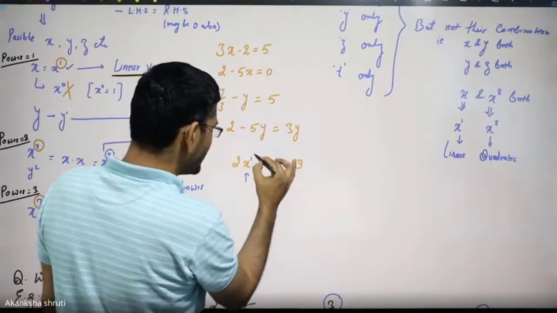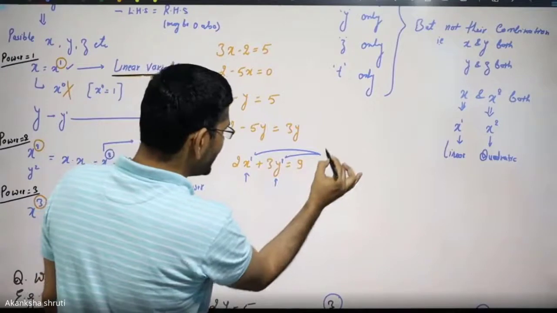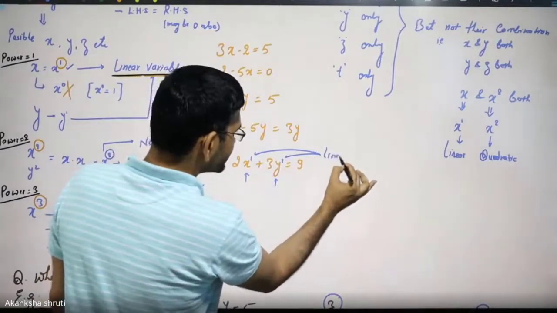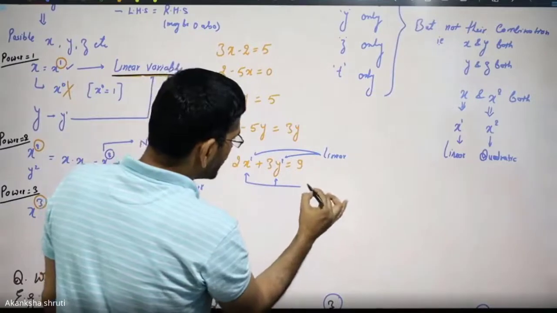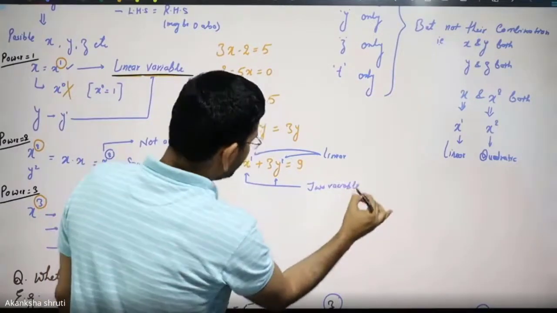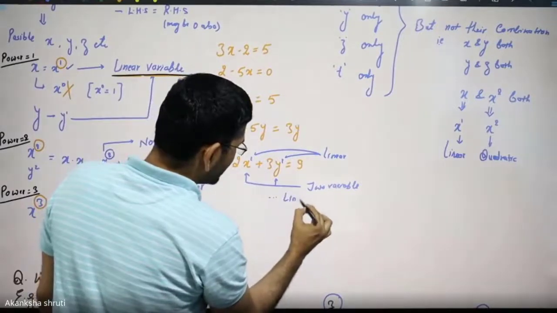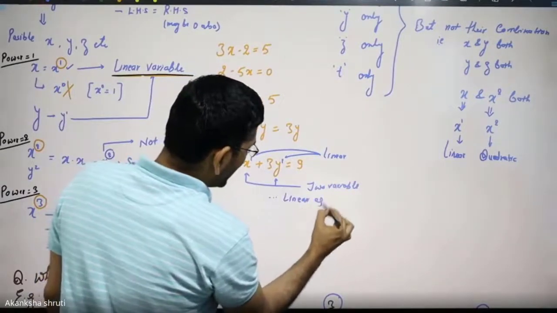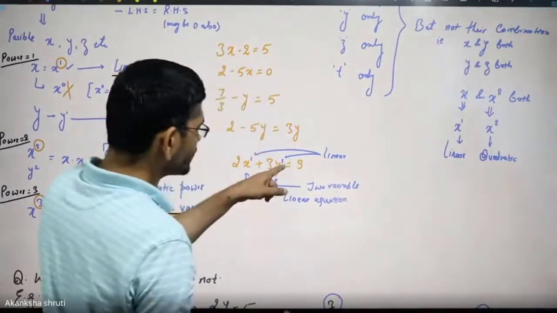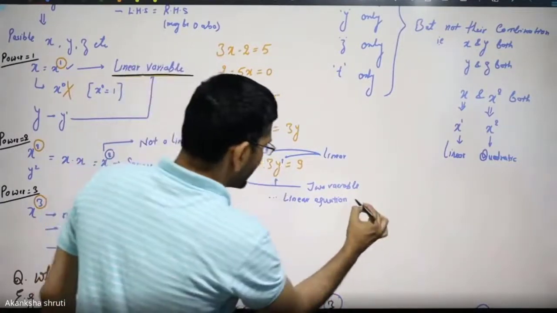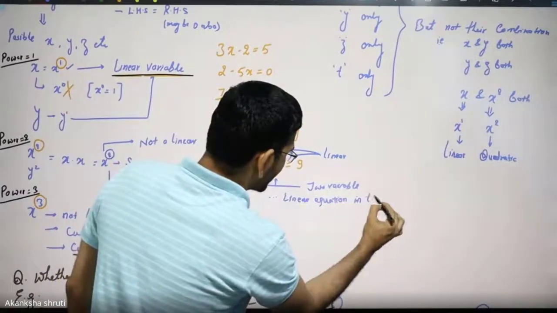So because of this power, these are linear, and because of this it is two variables. Therefore this is a linear equation. Equation signifies that there is an equal sign in between. In how many variables? Two variables.